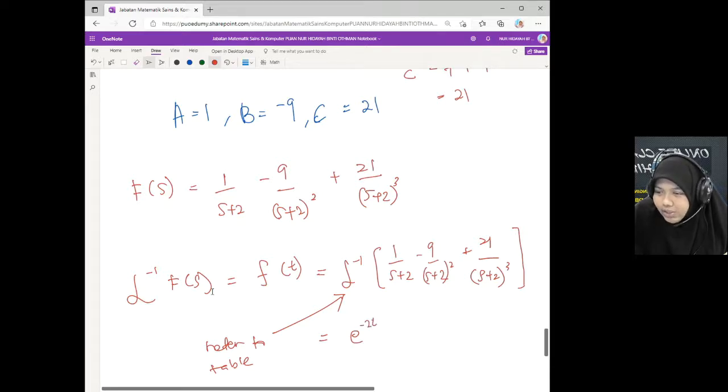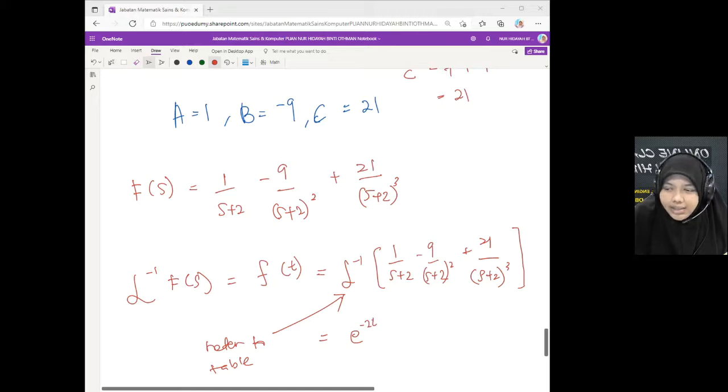Okay, tetapi bila s plus 2 to the power of 2, if we refer to our table at page 118, okay, kita tengok table di muka surat 118.